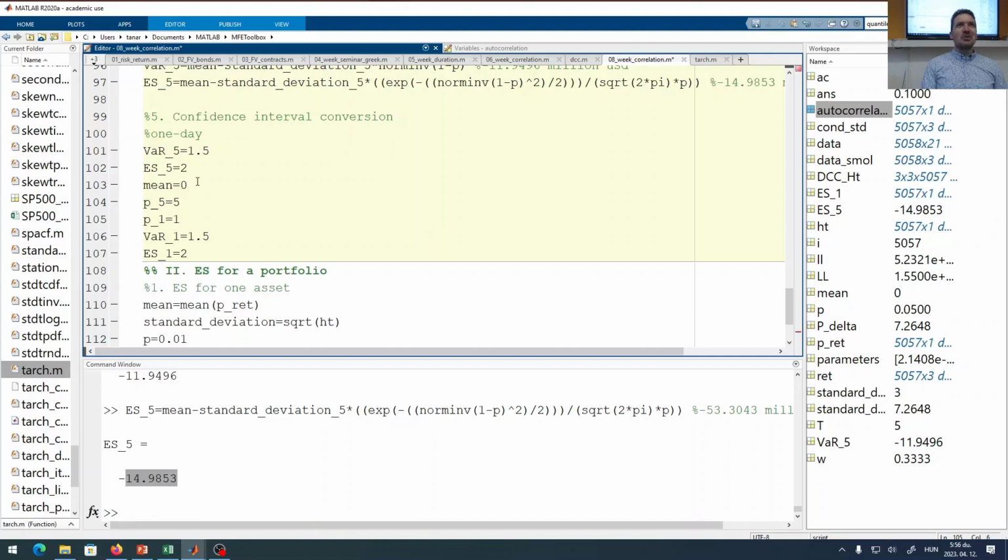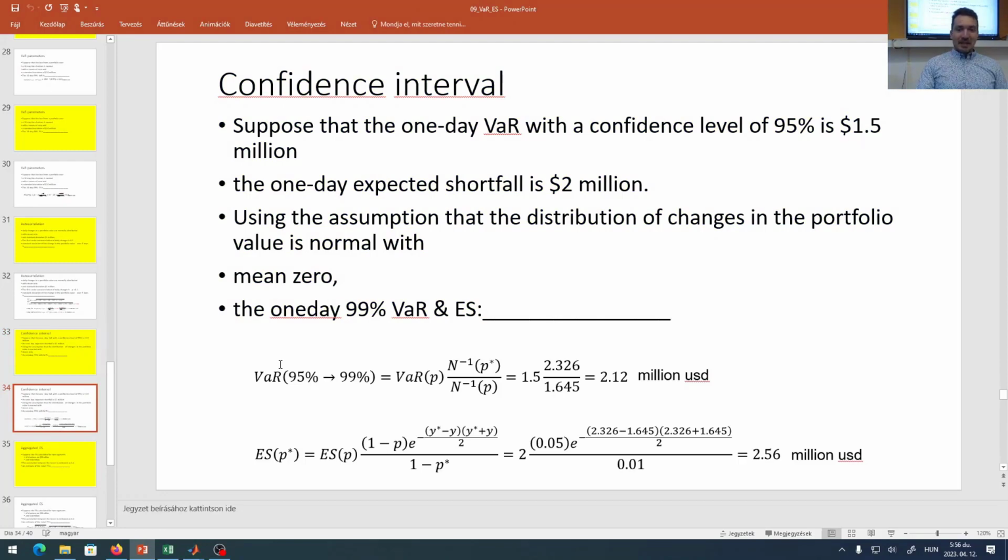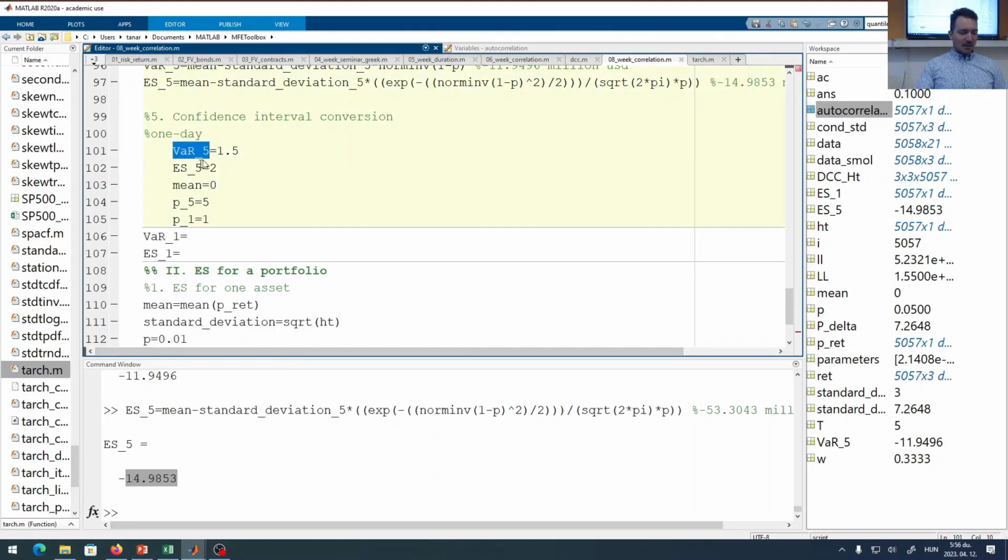I cannot add old, new or something like this, so this seems to be maybe the most efficient way, but from a coding point of view, this is not nice. But anyway, we can say that we can convert this thing here, multiplied with the relationship between the two inverted normal p-values, just the old one with the new one.